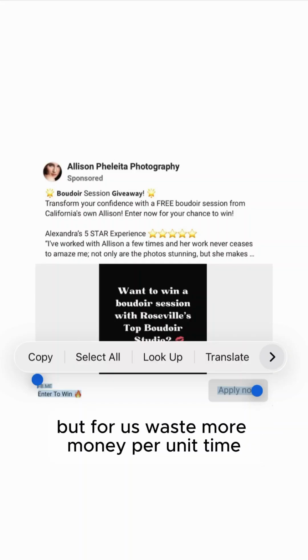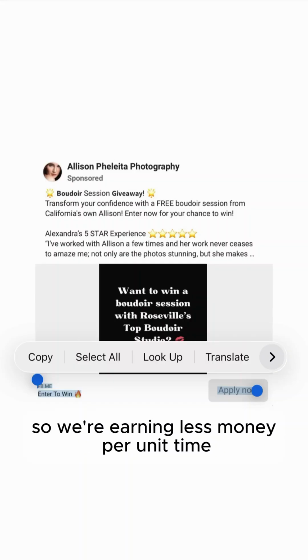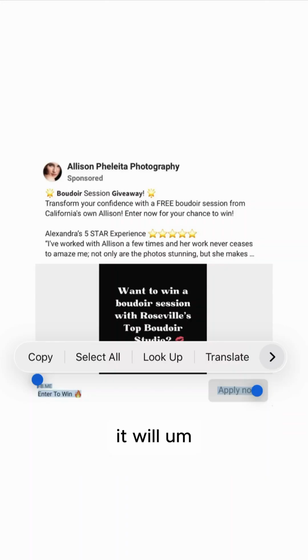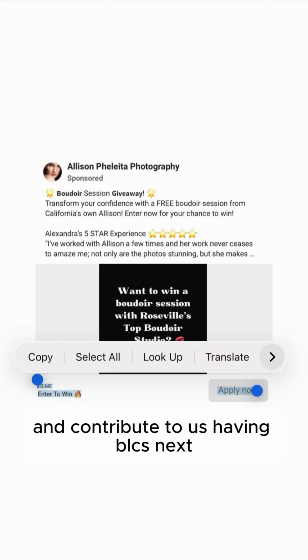But for us, waste more money per unit time, so we're earning less money per unit time. So this will pull our unique CTRL down under 6% and contribute to us having BLCS.